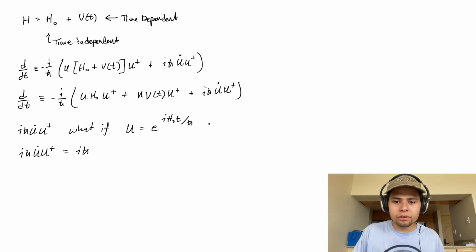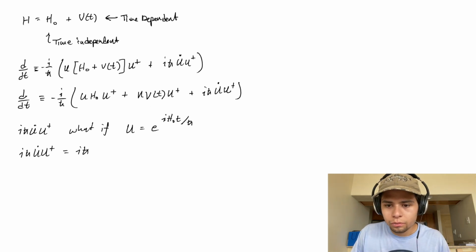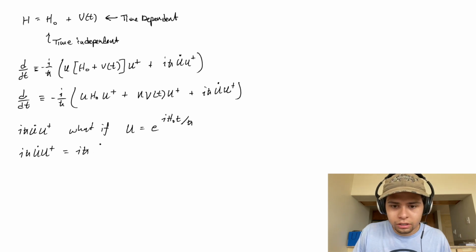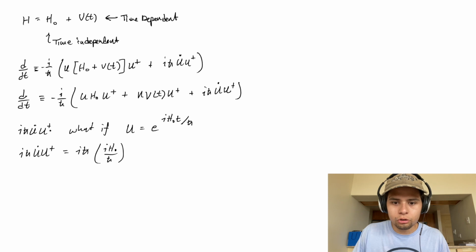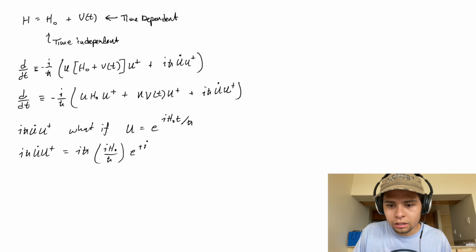The time derivative of this here, well, i is a constant, H naught is a constant, and h bar is a constant, so that's just going to leave us with i H naught over h bar times U dagger. U dagger is just the complex conjugate of this, so that's e to the plus i H naught t over h bar.